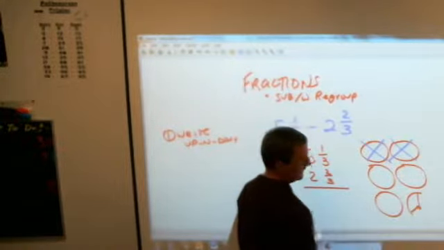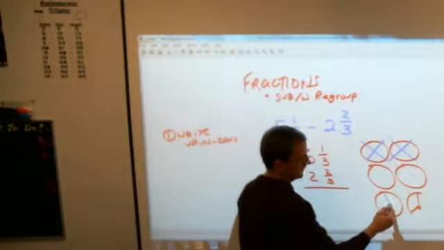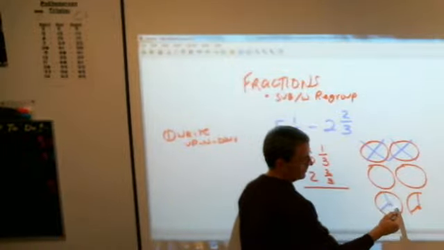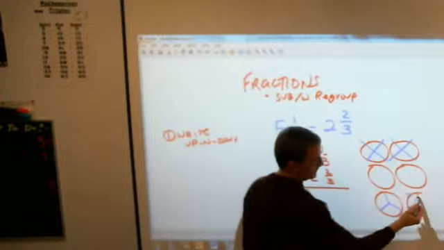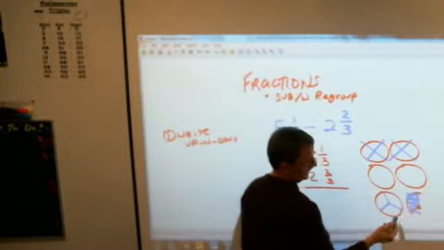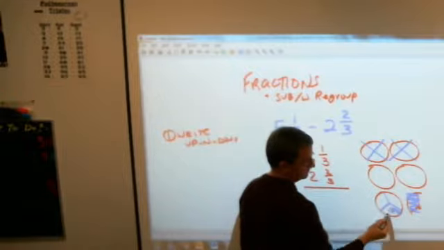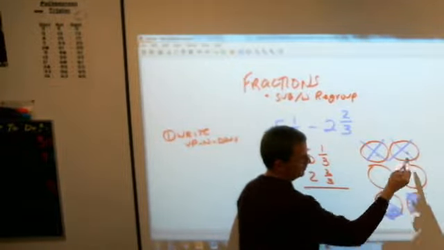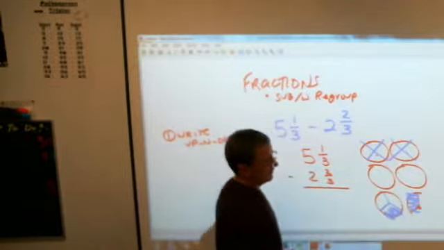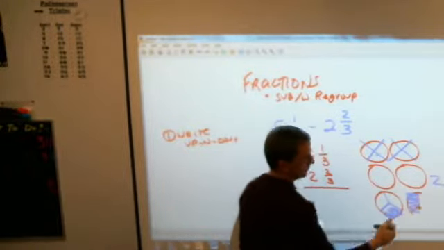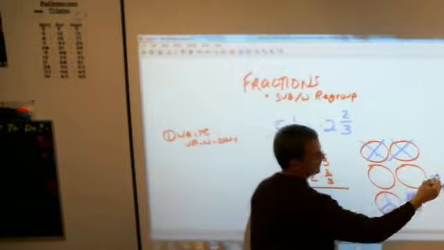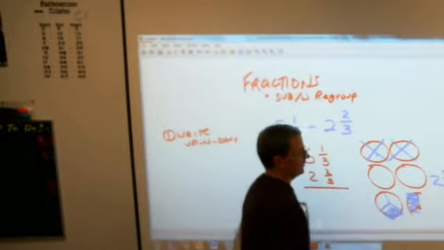The fix is I need to take one of my other circles and cut it into thirds so I can take 1/3 of it away. So I'm going to take away this third and this third. There's my 2 2/3 I'm taking away. I know my answer has to be 2 whole ones plus 2/3 of that other one there.